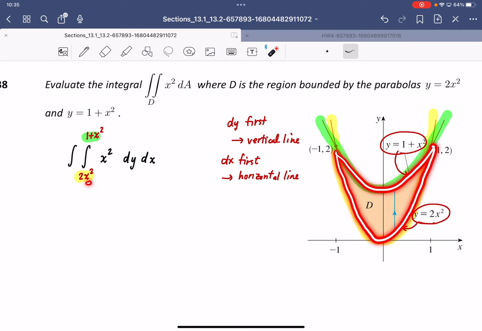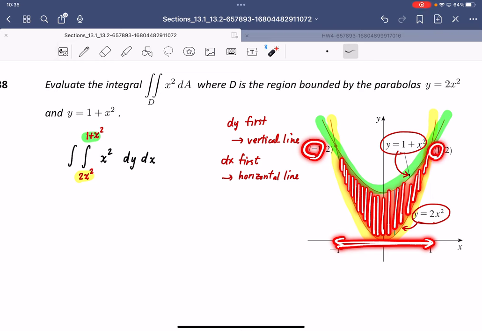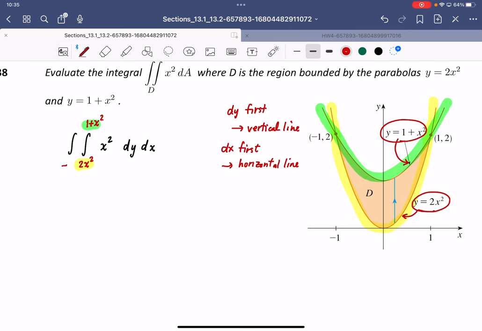This is why you set the bottom to be 2x squared and the top to be 1 plus x squared. And then what is going to be your x value here? It means what is the range of values where you do the vertical cut, which is going to be -1 to 1. This is the x value range that you do the cut, -1 to 1. Does it make sense?